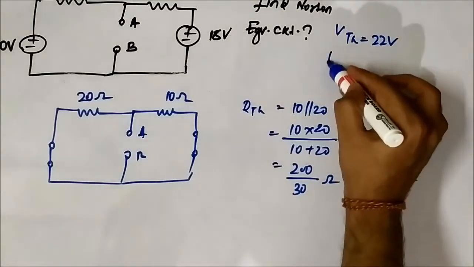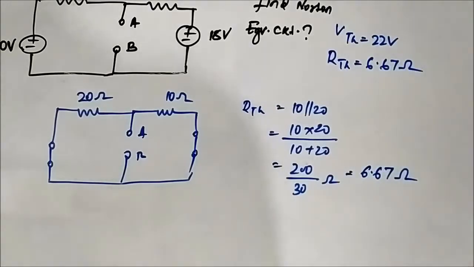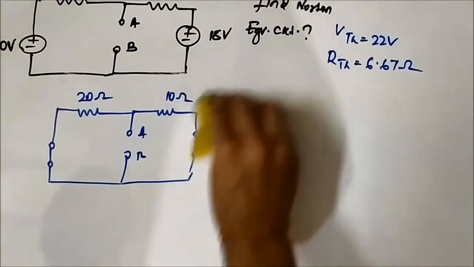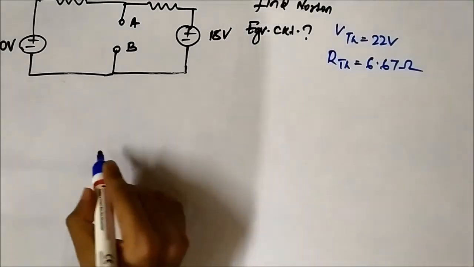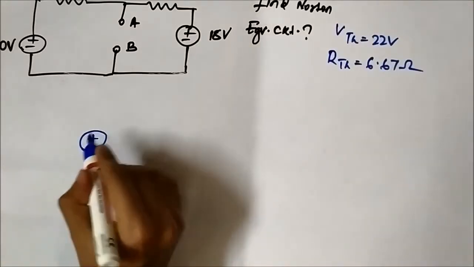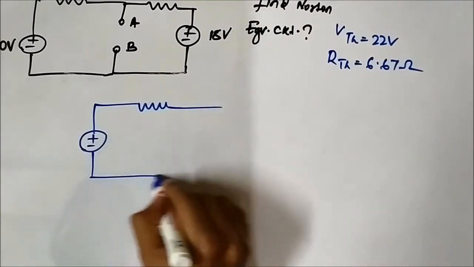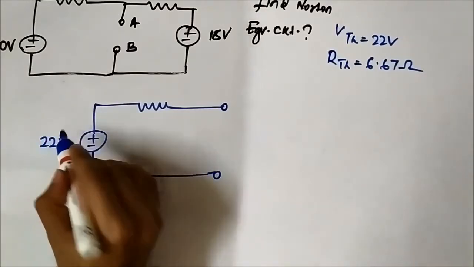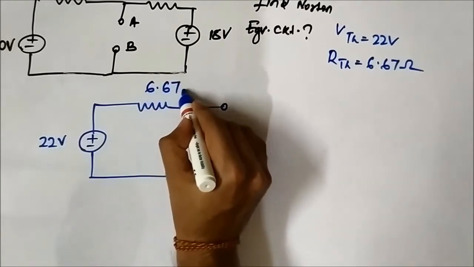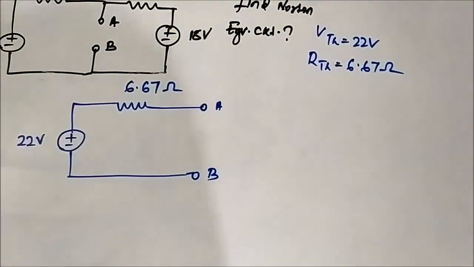So we have got RTH and we have VTH. So we have got the Thevenin equivalent circuit. Now we can get the Norton circuit. The Thevenin circuit is this. This is 22 volt and this is 6.67 ohm. The Norton circuit will simply be obtained by applying source transformation.